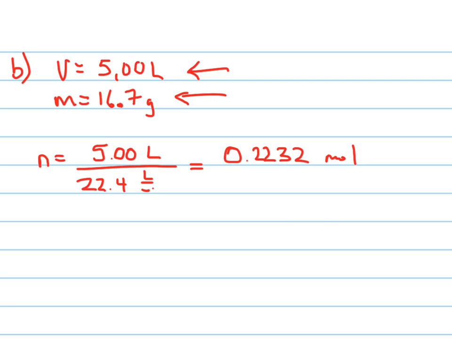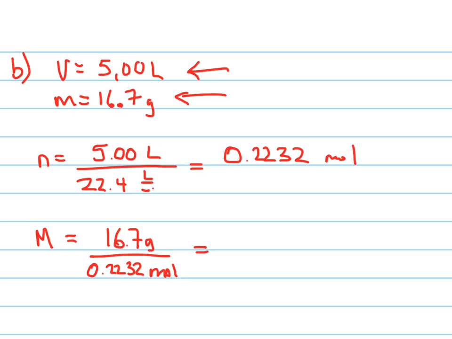To figure out the molar mass, and this is the only time in this unit that you're going to figure out the molar mass, we take our 16.7 grams and we are going to divide it by 0.2232 moles, and that's of course how we're going to get our grams per mole as our units.